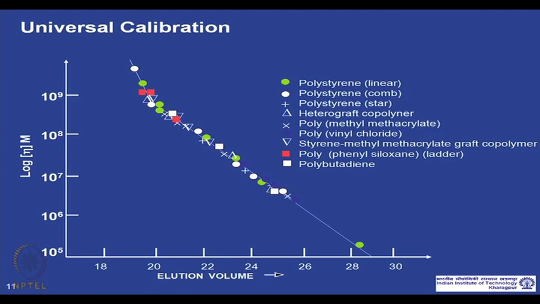So, as long as we know the intrinsic viscosity of the polymer sample and the elution volume of the sample, using this universal calibration curve we can get the molecular weight, which is fairly accurate.